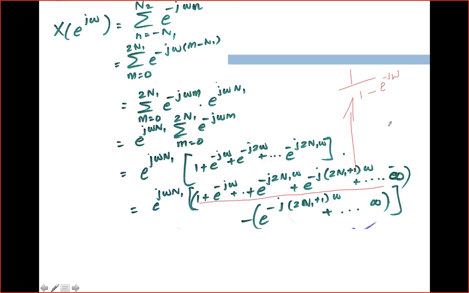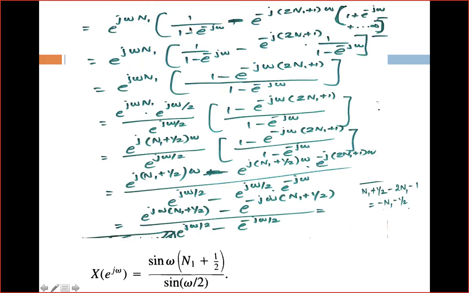Similarly, I am going to do the simple manipulation on the next slide. So the first series I am reducing into 1 divided by 1 minus e power minus j omega, because the series starts from 1 and goes up to infinity. For the second series, I am going to take e power minus j (2n1 plus 1) omega outside.